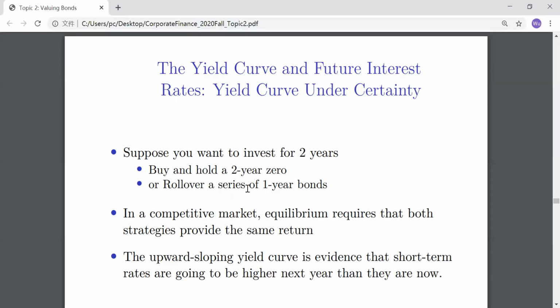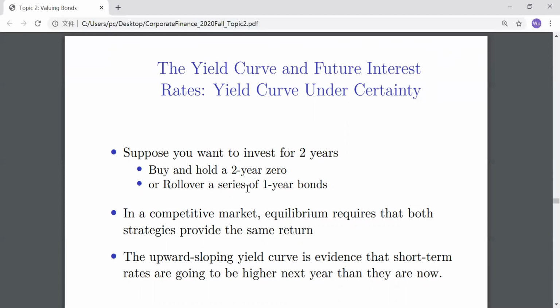In a competitive market, equilibrium requires that both strategies provide the same return, because if they don't, there could be an arbitrage opportunity. Because investors are competing for arbitrage opportunities, there should be no arbitrage opportunity in equilibrium. So finally, both strategies should provide the same return.